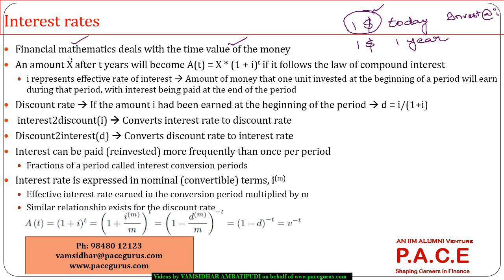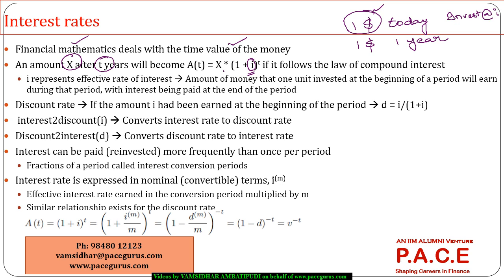As a simple representation, say I am talking about an amount X, which I have invested for T years, and every year my effective rate of interest is i. We use the word effective rate of interest because, in effect, every year I am getting an interest rate of i.